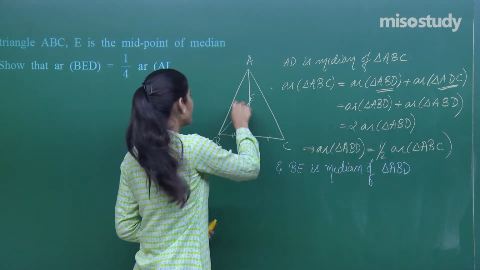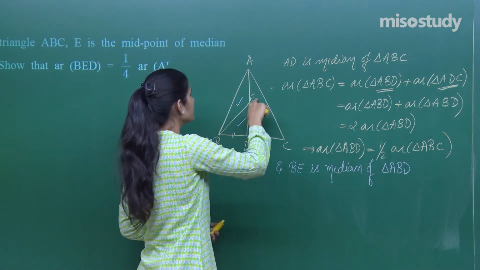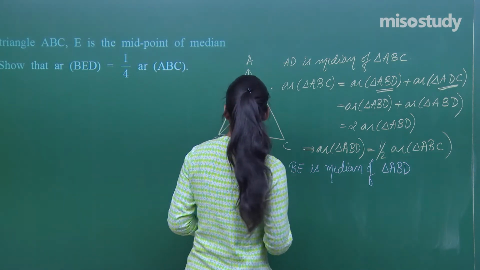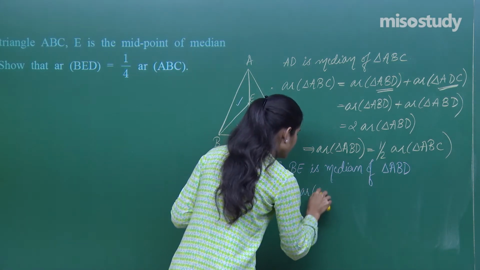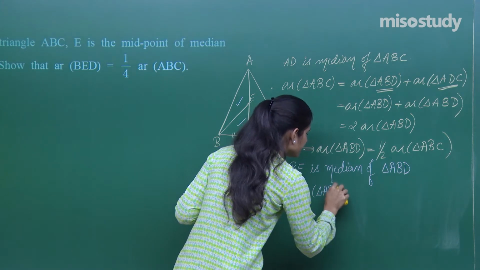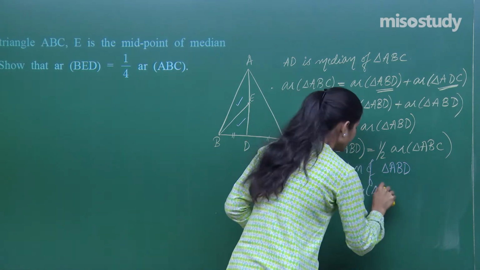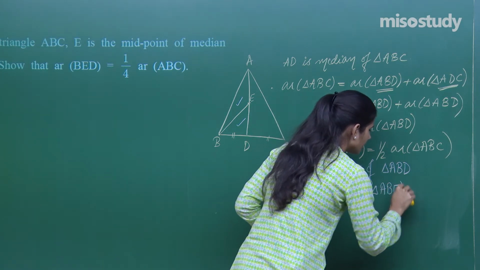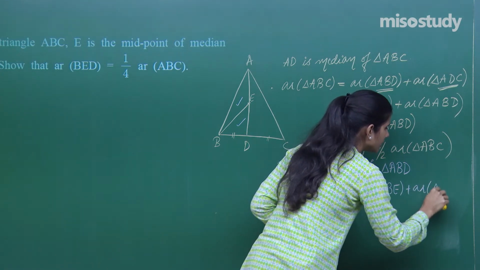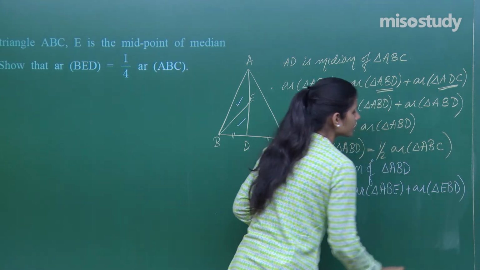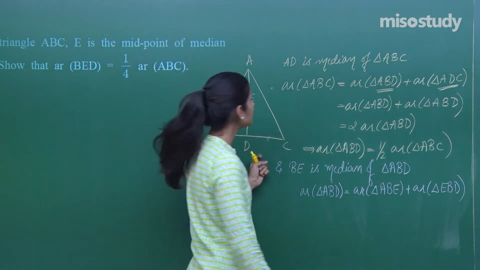And therefore the two triangles in which this median divides triangle ABD will be equal in areas. So first and foremost I can write area of triangle ABD as area of triangle ABE plus area of triangle EBD. Right?